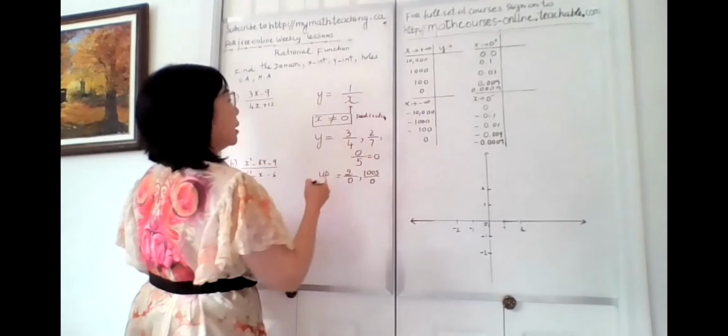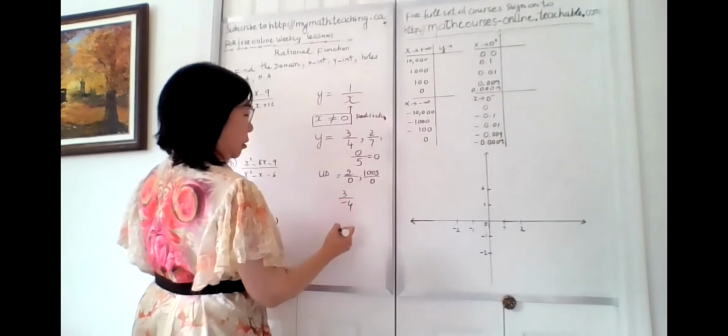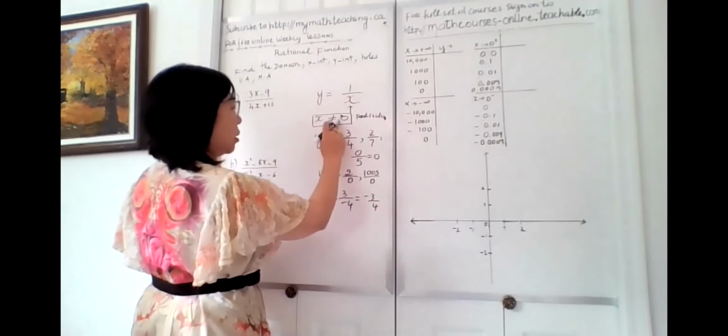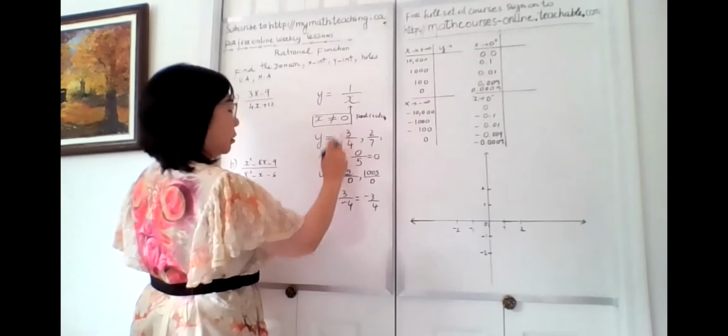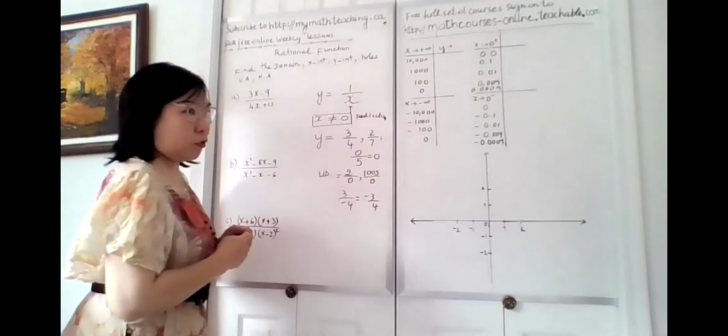Now, the x here can be negative. Let's say you have 3 over minus 4. You can write this as minus 3 over 4, or this minus in the middle, it doesn't matter. But as long as the x here is not a negative number, but 0, it's not acceptable.